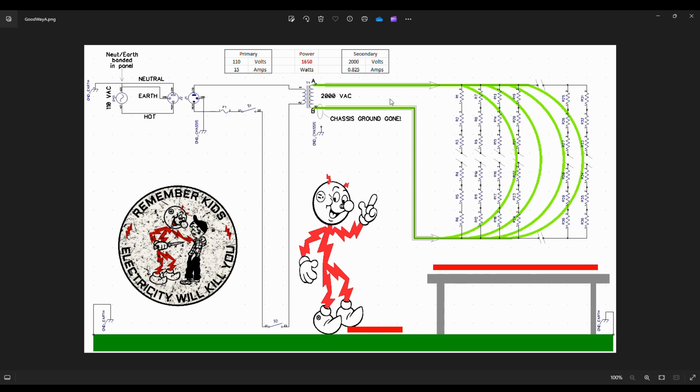And this is why you want to provide a secure, a very robust return pathway, as robust as the source pathway. When these two become isolated, one is exactly as dangerous as the other. Okay?